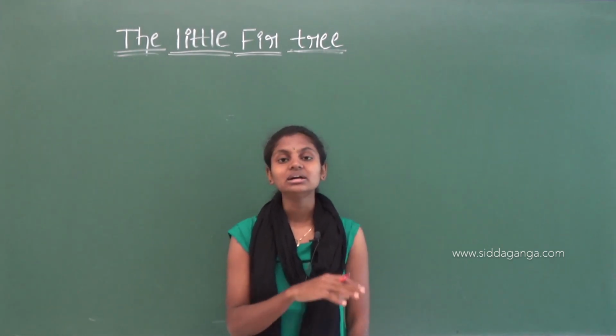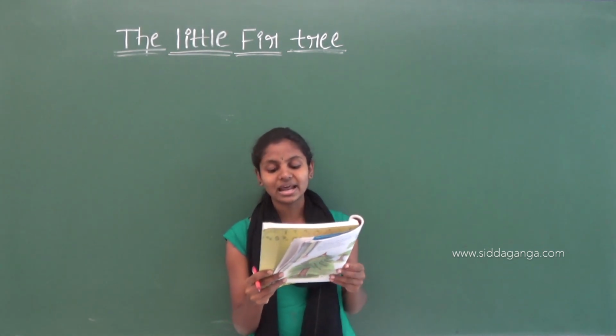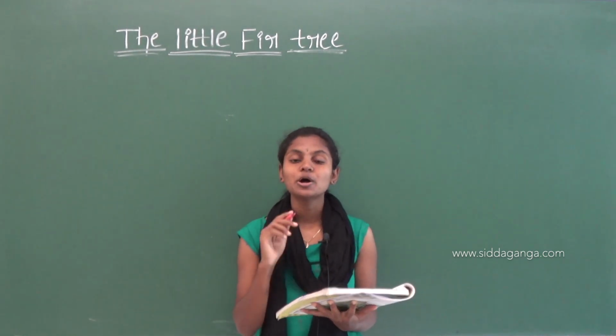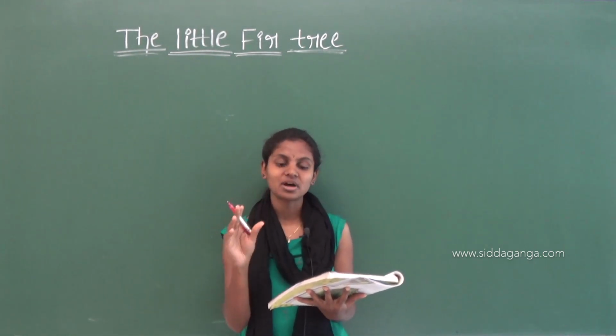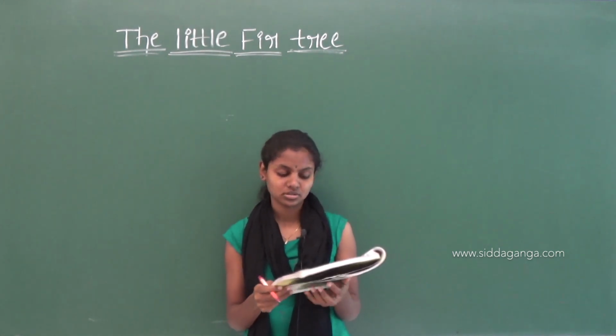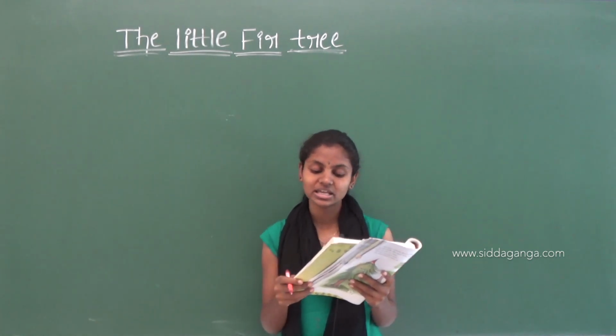So the little fir tree was sad because it had needle-like leaves, that is option 2. You have to put a right mark in the box for the second option. Understood?